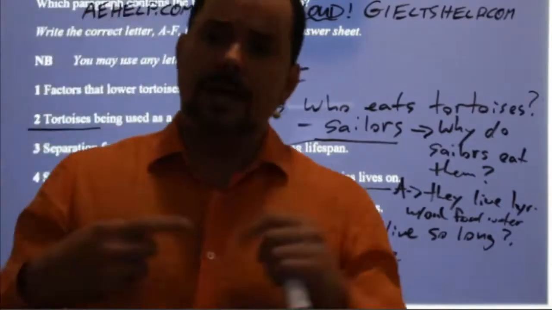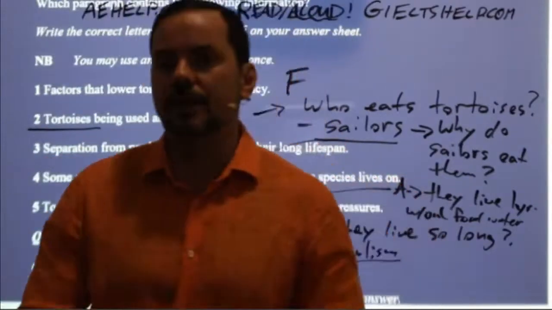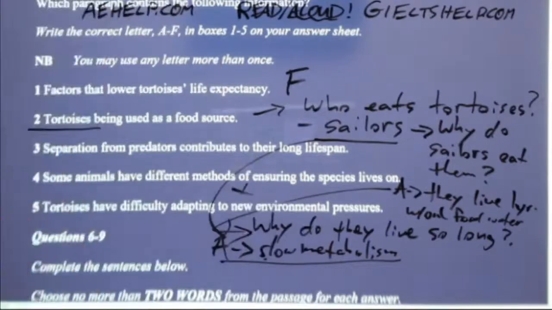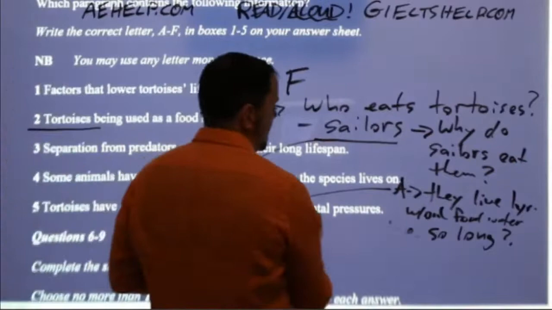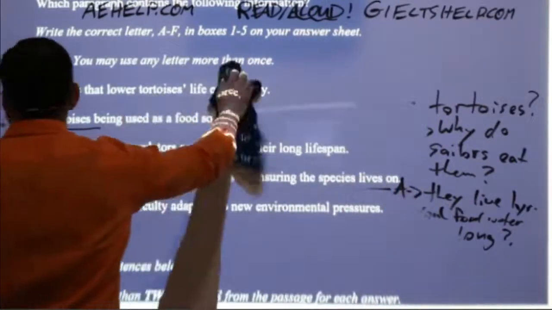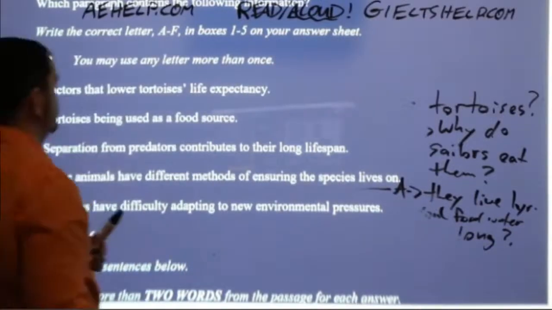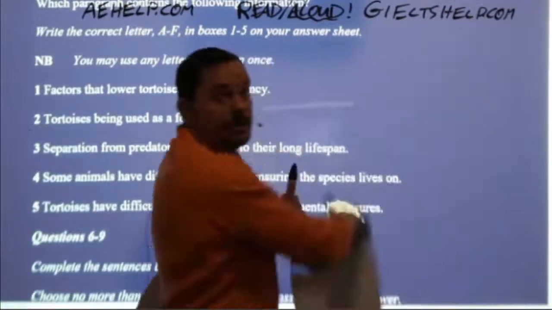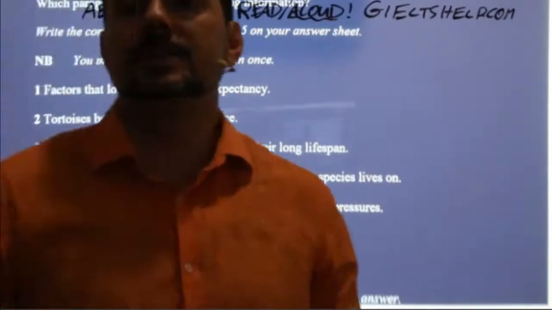Here's another way to kind of jog your memory. Okay, this is what we call jogging your memory. What was paragraph B about? Anybody remember? Let's see who visualized that.